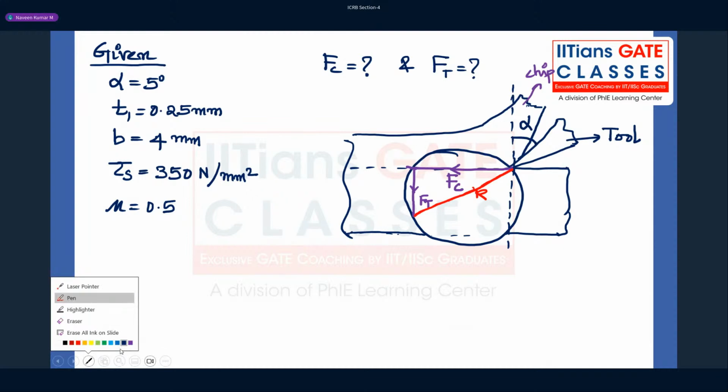That is the angle between the perpendicular and the plane that I'm showing with respect to the tool, which is your rake angle alpha.